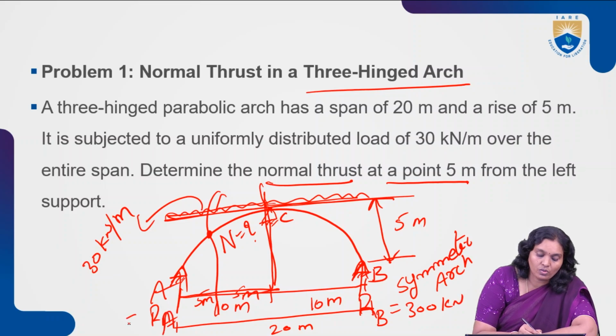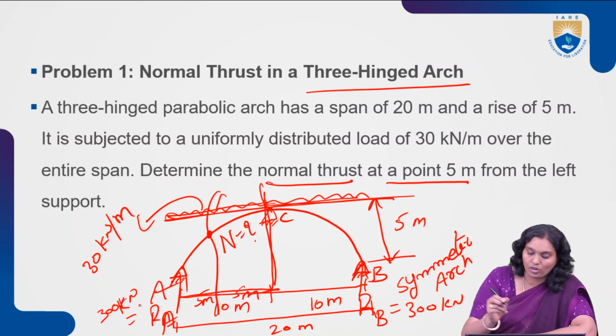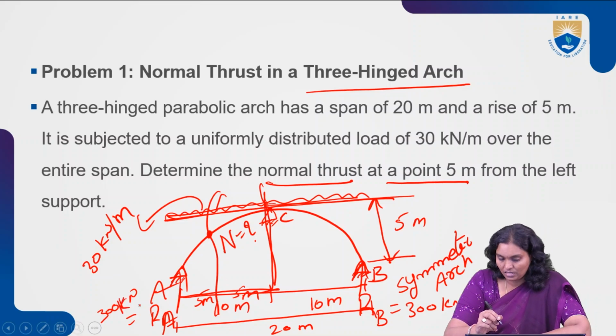RA is equal to 300 kilonewtons, RB is equal to 300 kilonewtons because of the symmetry of the arch.